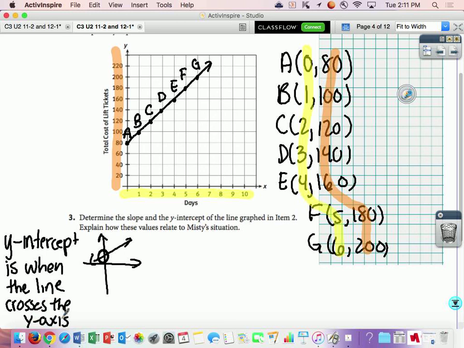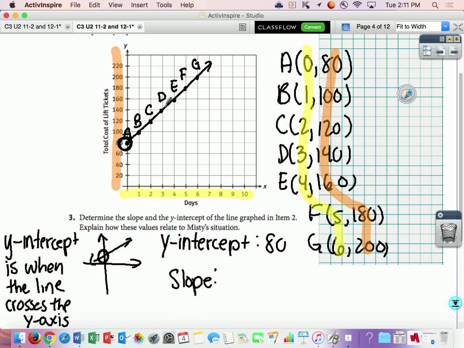Alright. So it crosses right here. So my y-intercept is going to be 80.